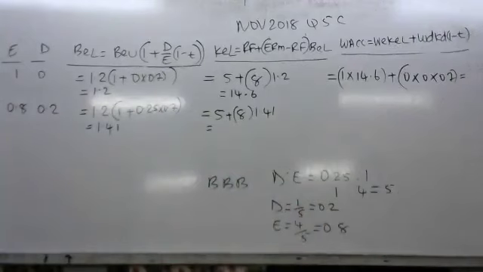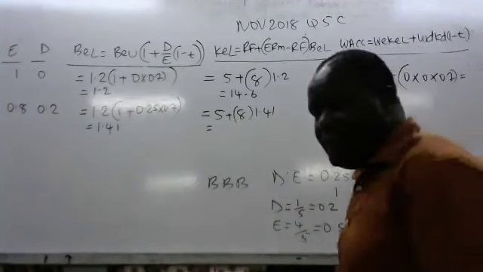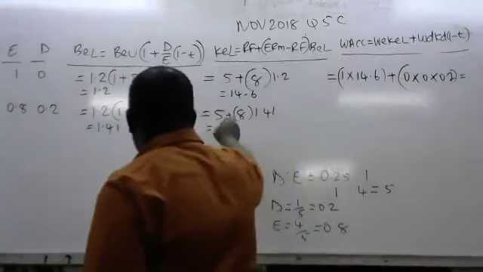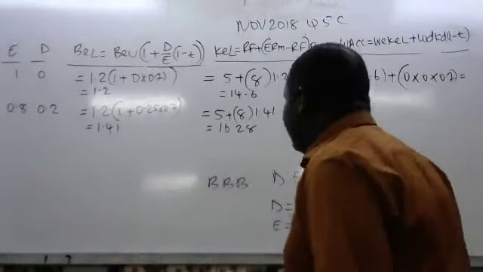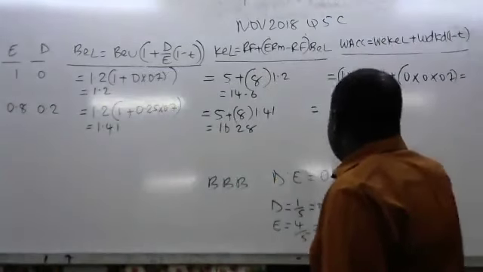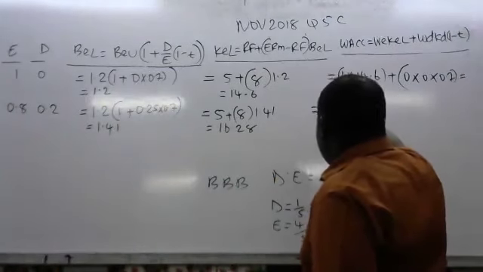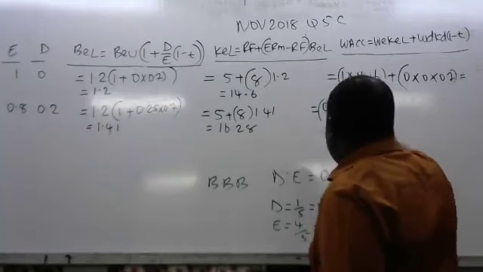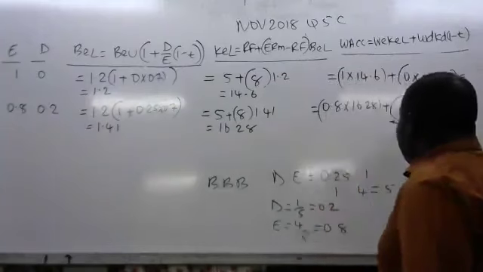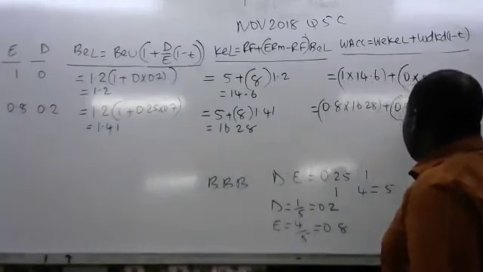Which figure? 16 points. So it also comes at this point, whereby it should be 0.8 multiplied by 16.28. You also add 0.2.